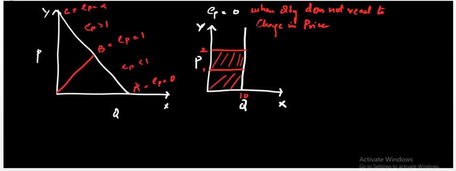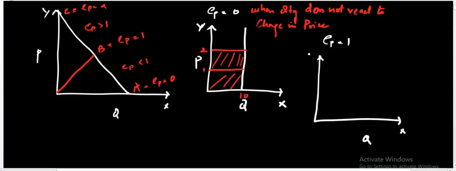Now let me take the second scenario where I talk about the elasticity of price equal to 1. Suppose this is my quantity axis, and this is my price axis. Elasticity of price equal to 1 is simply the linear curve.